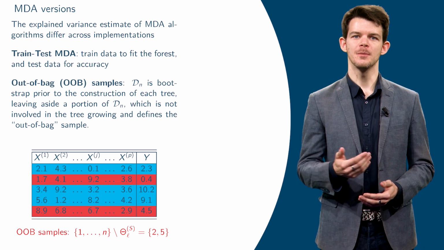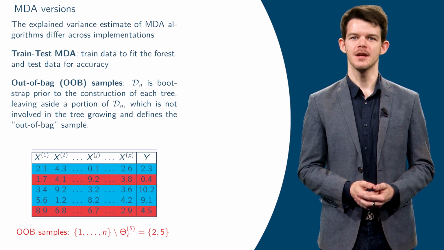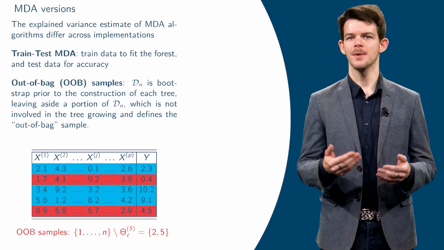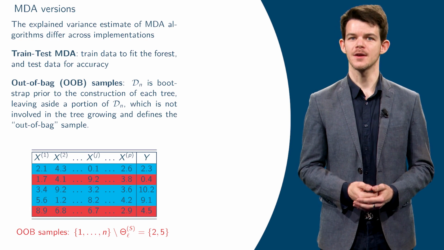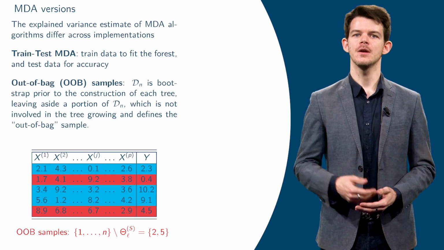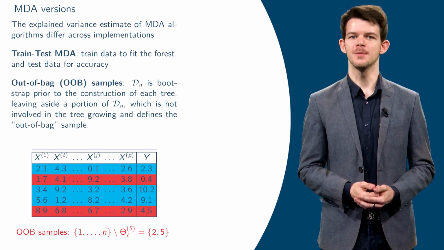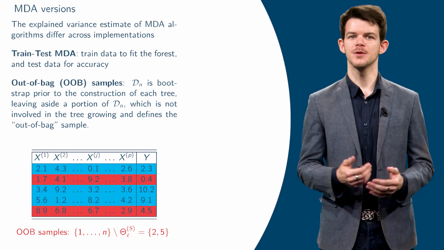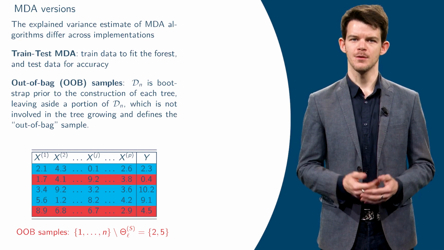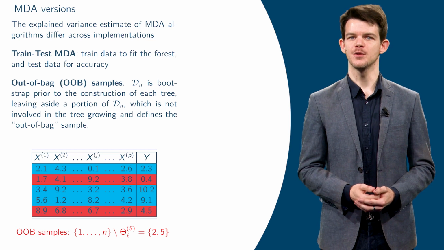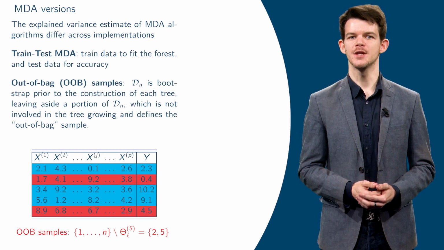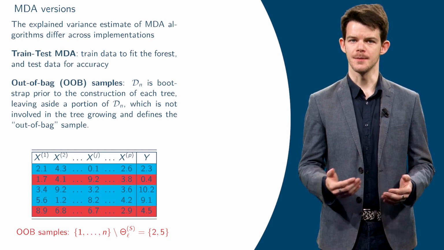We can then swap the corresponding values of the variable xj, here 9.2 and 6.7, compute the performance of the forest on this swapped dataset, and compare it to the performance of the forest on the initial set. This allows the MDA to be computed from data that was not used when the tree was constructed. For this calculation method, the MDA of the forest is simply the average of the MDA of each tree.